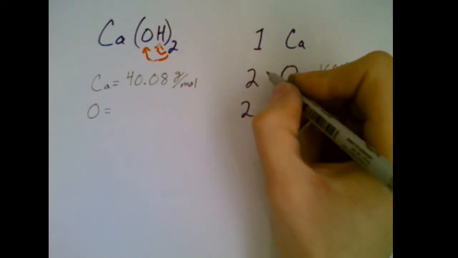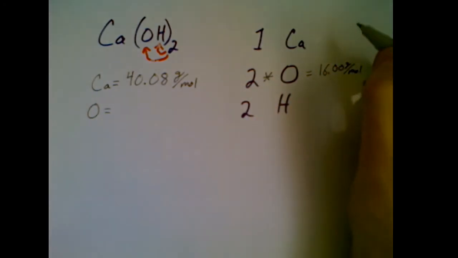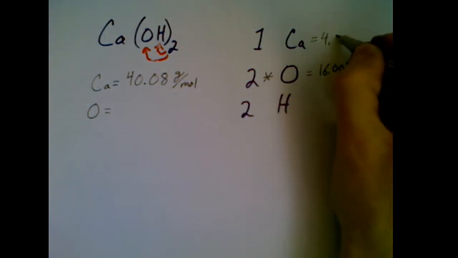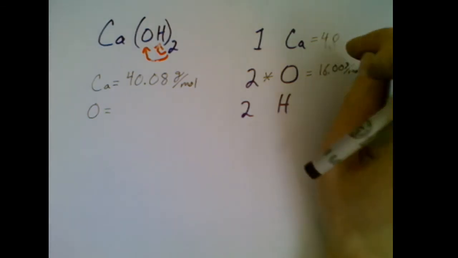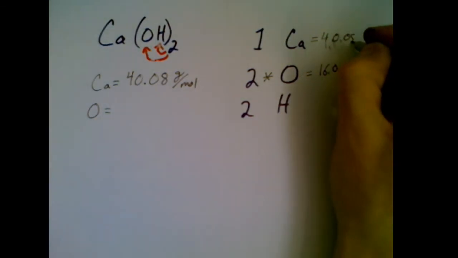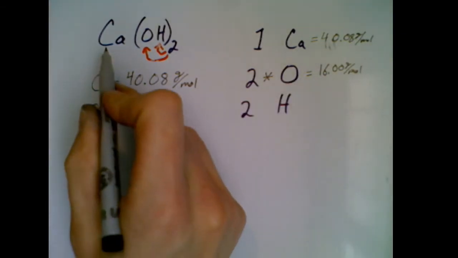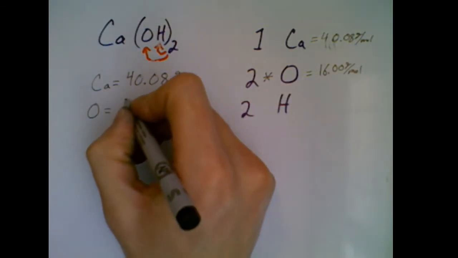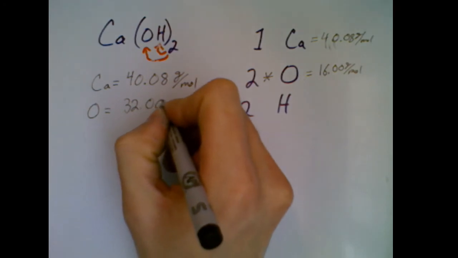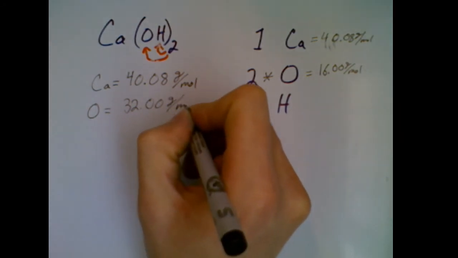But because there are two of them, we need to multiply that number by 2. So what that actually means is the mass of oxygen in this compound is 32.00 grams per mole.